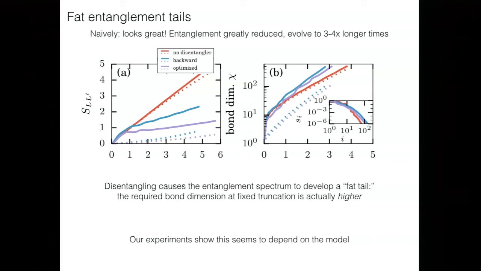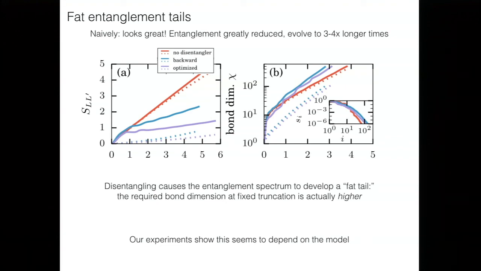The red one is the naive, no disentangling, and the purple one is doing the disentangling. And what you see is that even though you've reduced the entanglement drastically, and naively you might think you'd need exponentially less bond dimension, the required bond dimension for fixed fidelity actually goes up. What's happening here is that if you look at the entanglement spectrum of the purification, that's what I'm plotting here.